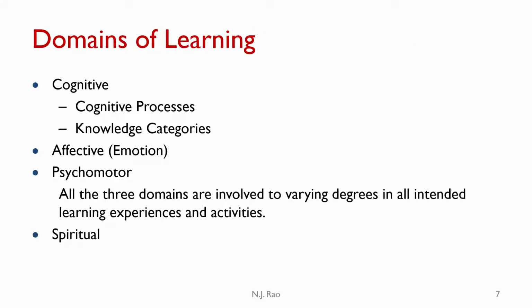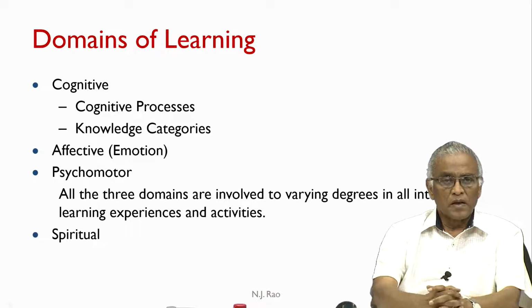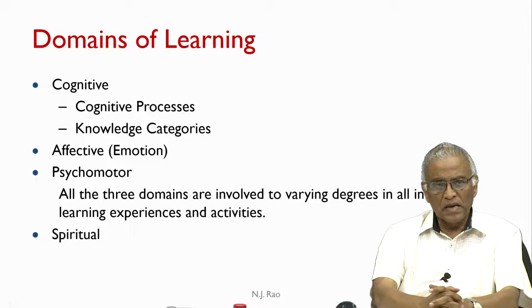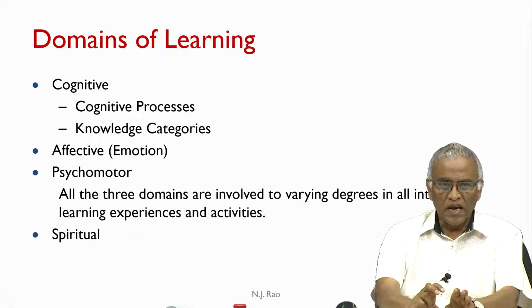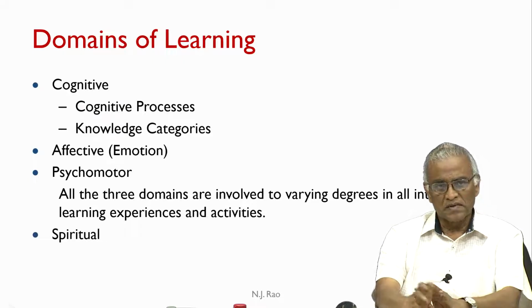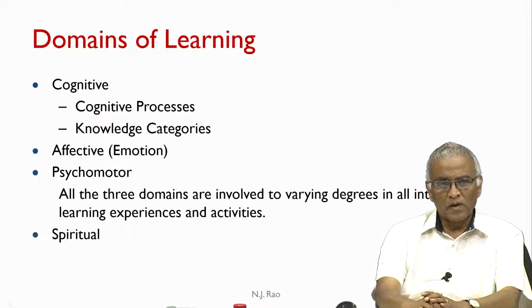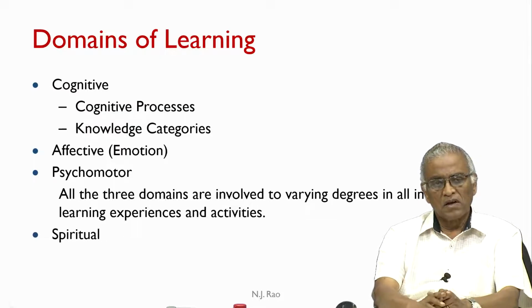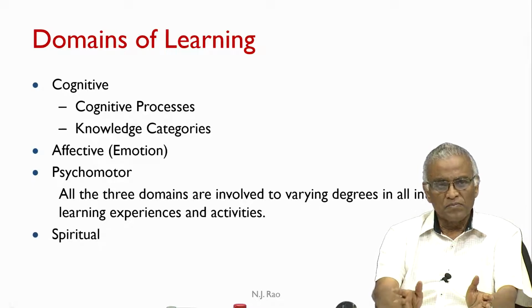So, summarizing the domains of learning, you have the cognitive domain, but it was quickly realized that the cognitive domain has two dimensions. One is called cognitive processes and the other is called knowledge categories. You perform a cognitive activity, that is a cognitive process. One simple cognitive activity is remembering.